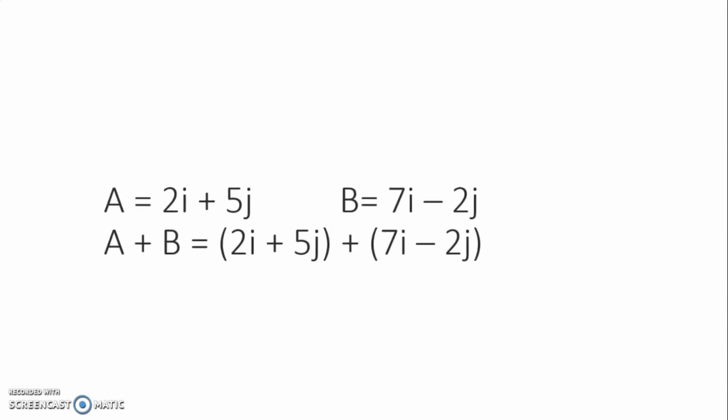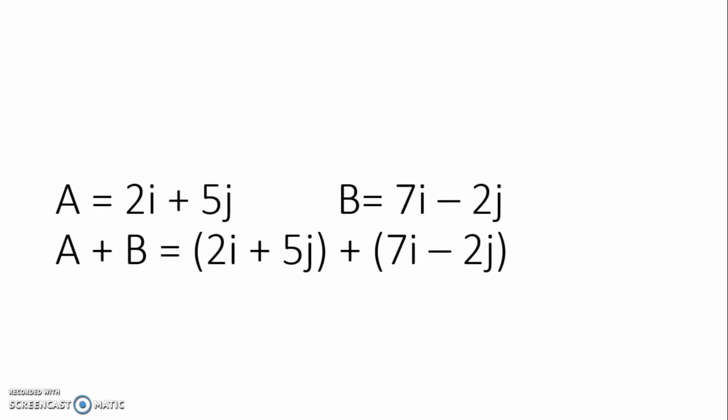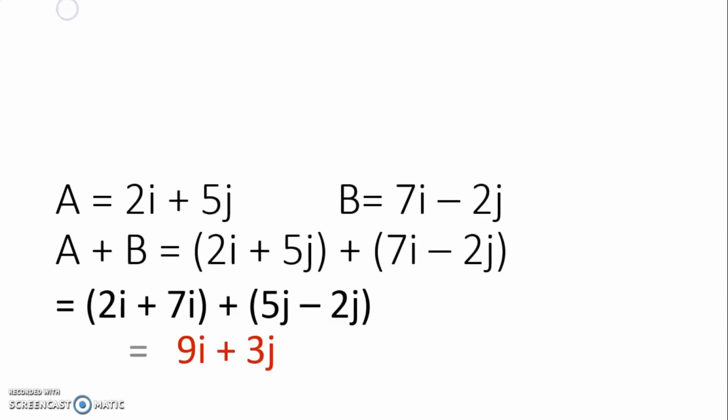So it becomes 2 plus 7 i plus 5 minus 2 j. 2i plus 7i will give us 9i, then 5 minus 2 j is 3j.